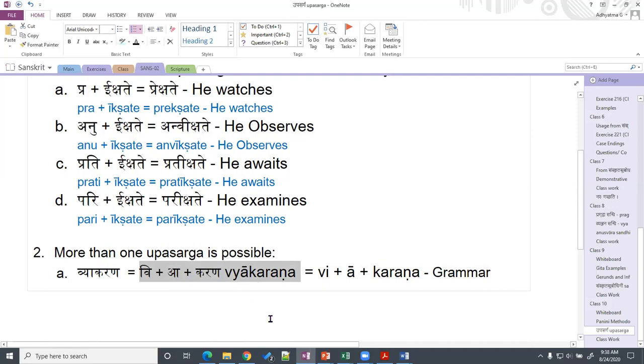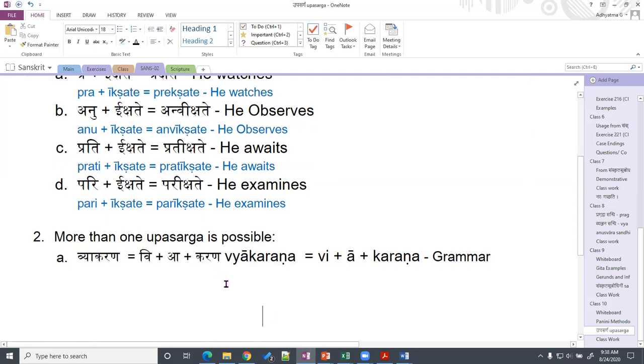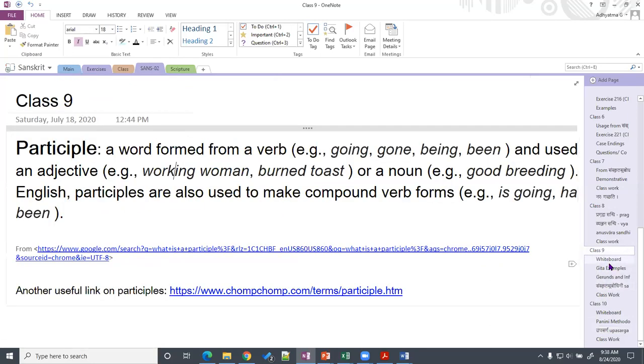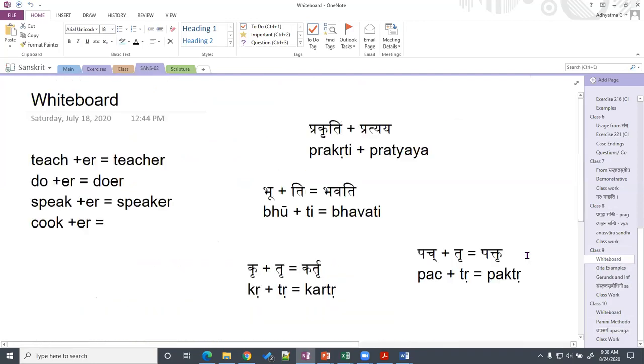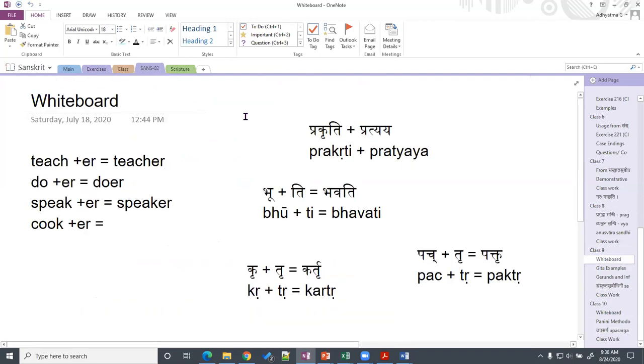So what you take apart in vyakarana, in reading grammar, studying grammar, you take apart the prefixes and the main and the suffixes. Like I told you last time, we had this concept of prakruti and pratyaya. Every Sanskrit word was primarily built with this prakruti pratyaya concept.